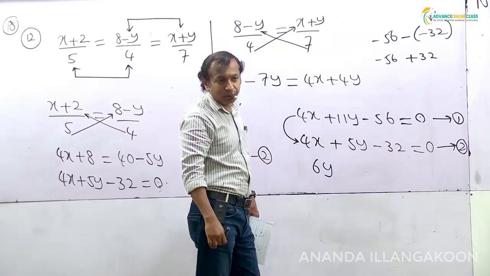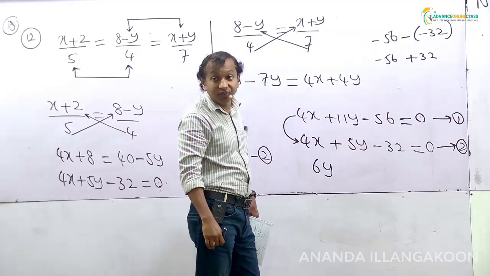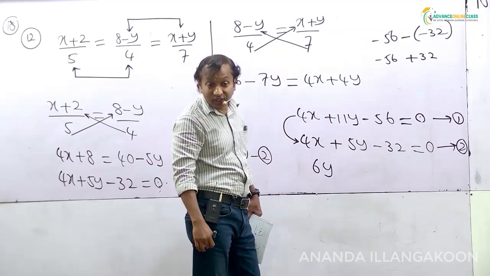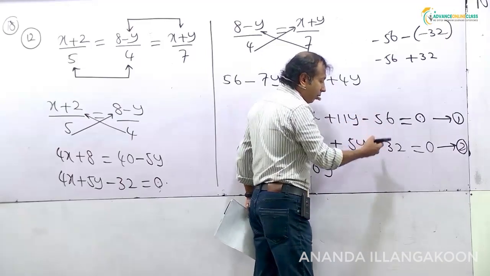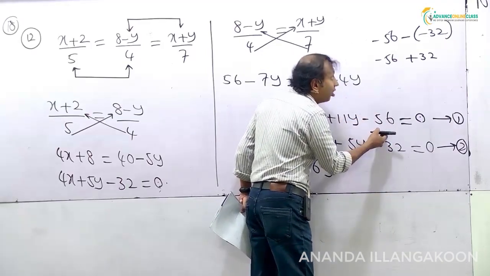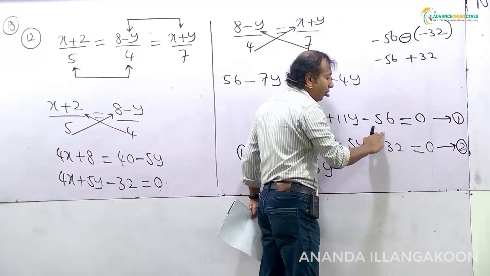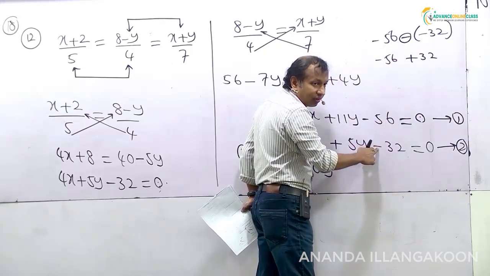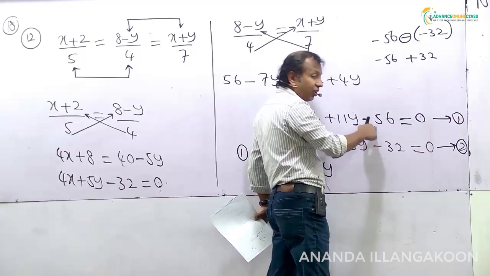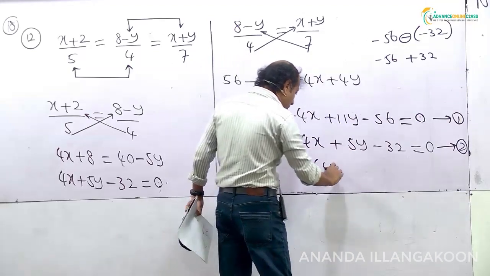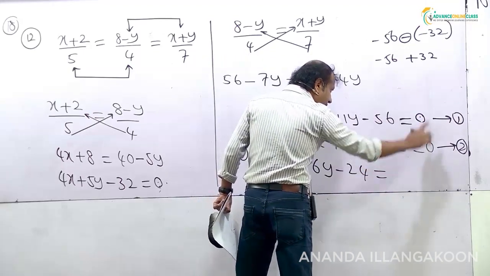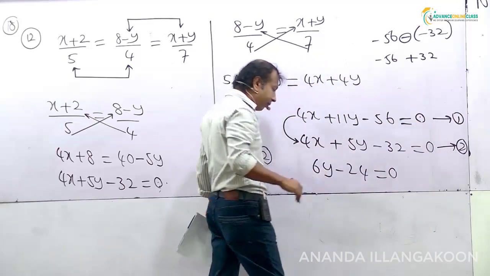Minus 56 plus 32 is minus 24. Understood? That we should have here, equals 0 minus 0 is 0.